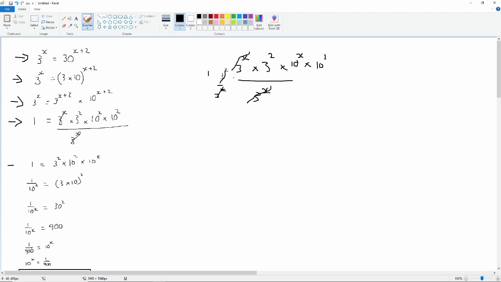Okay, so that brings us down to this one here, which is basically just me writing what we've got left after we've cancelled out. So that's just 1 is equal to 3 squared. Well, we've got it up here already, haven't we? We've got our 1. And then we've got what's left here.